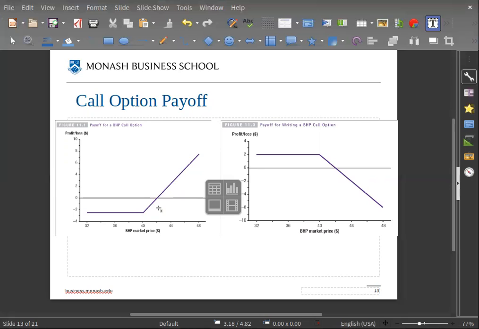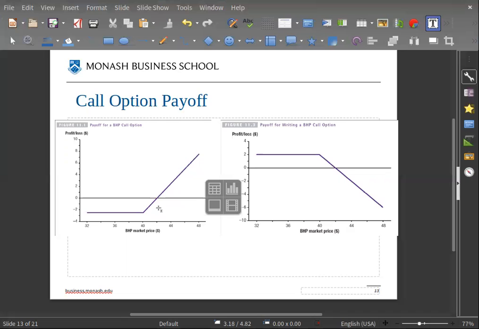But anything below 42, you can see that the loss is capped at $2. Under no circumstance do we lose more than $2. So this is extremely useful as a risk management tool because it caps our potential loss. Our risk is managed, but our profit potential is unlimited.